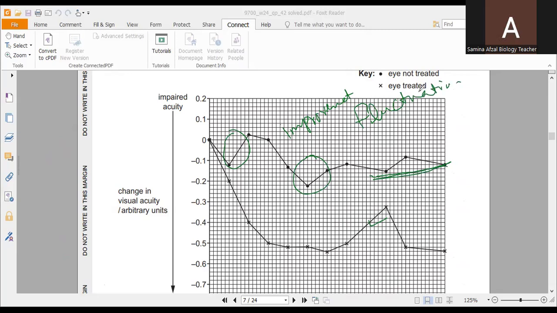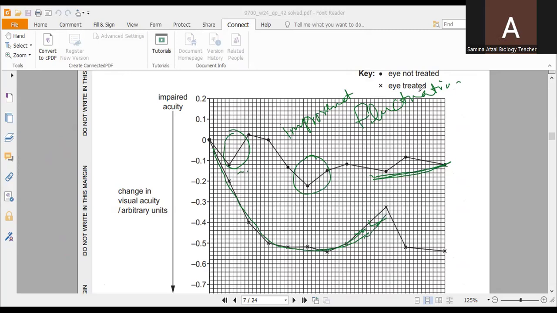On the other hand, the treated eye with the antisense oligonucleotide treatment shows a more significant and sustained improvement. This is the sustained improvement. As a comparison, you can easily compare both of these graphs.